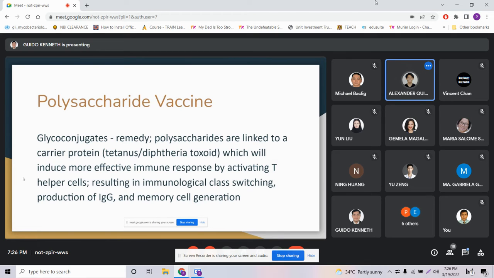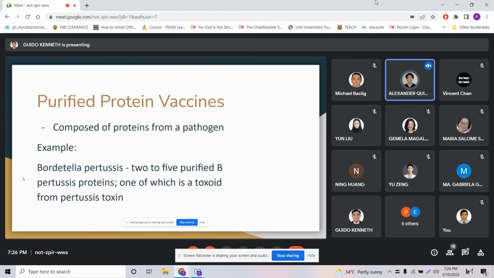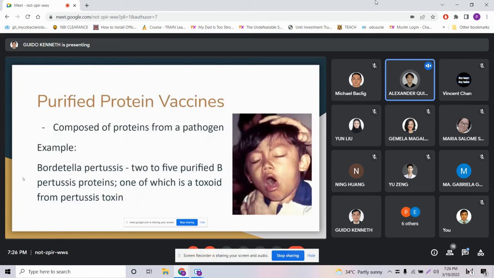This will induce a more effective immune response because this will activate T helper cells, and therefore it will result in immunological class switching, production of IgG, and memory cell generation. So it's very complicated.